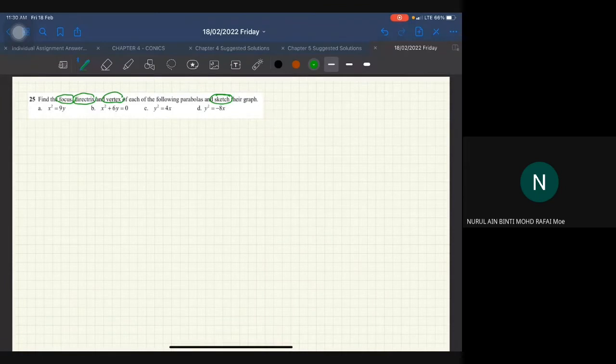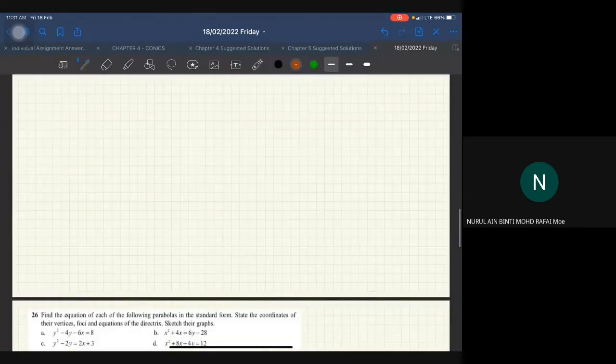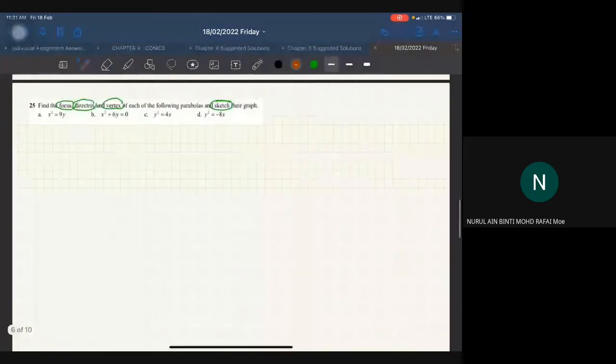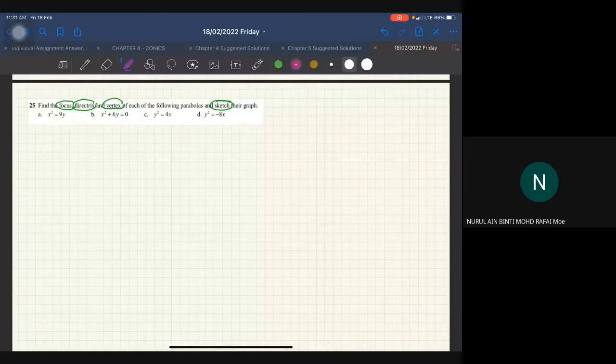Okay, so yang mana satu kita nak explain? Jom kita tengok yang B. B ke? Boleh ikut B. Okay, so let's take a look at the B one. This one. Tak nak lah. Dia nak D. Okay, so jom kita tengok soalan D.